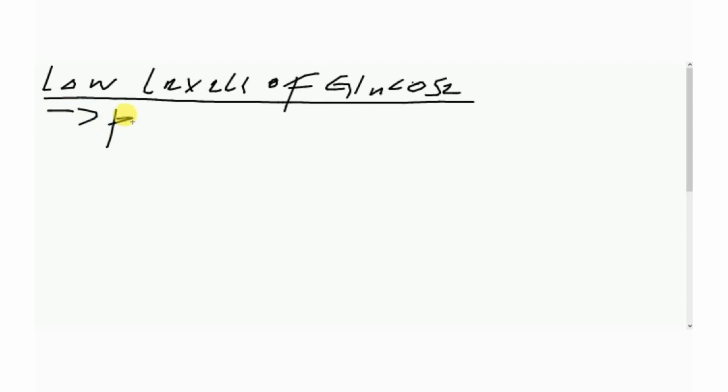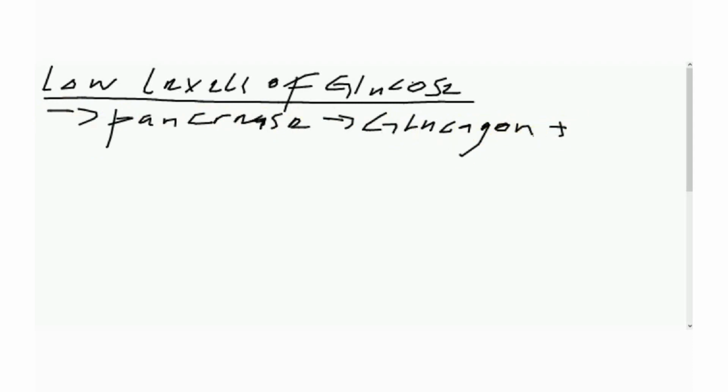So the first process involves the pancreas producing the hormone glucagon, and this glucagon is going to be transported by the blood system, the bloodstream.